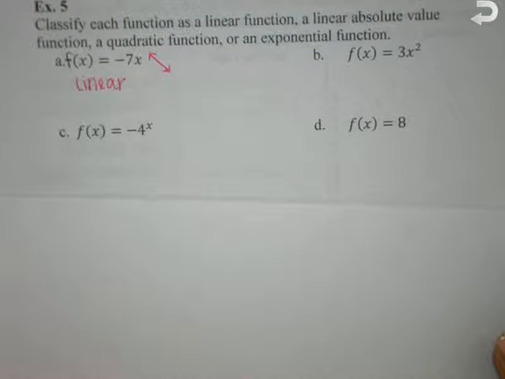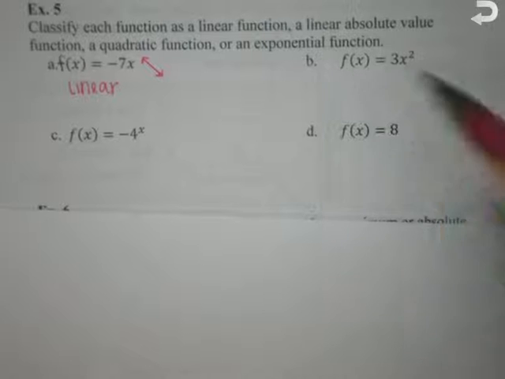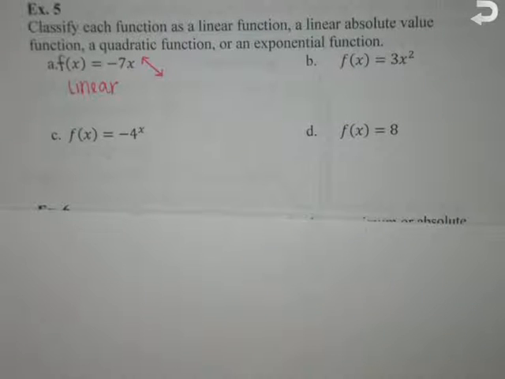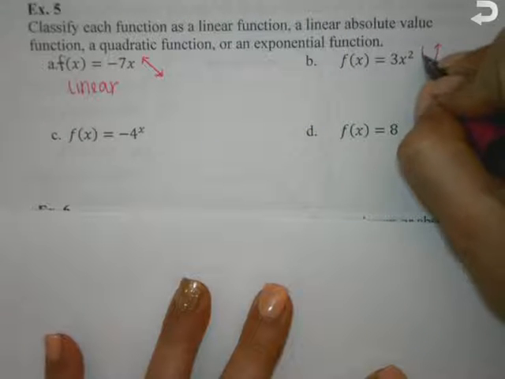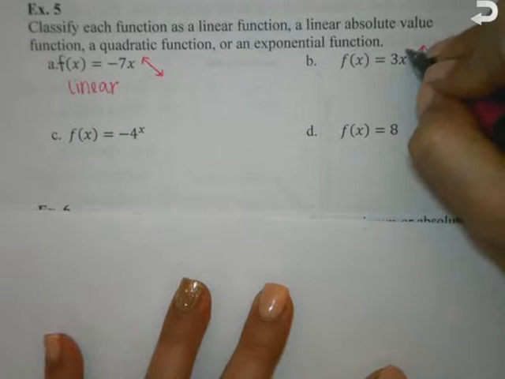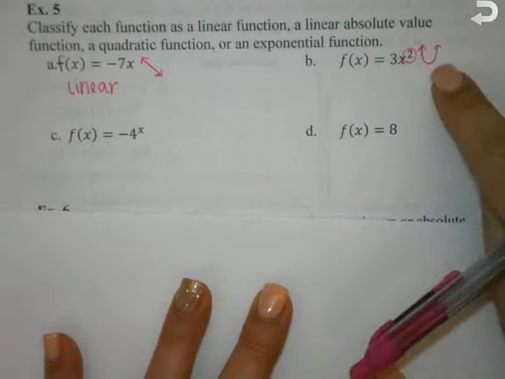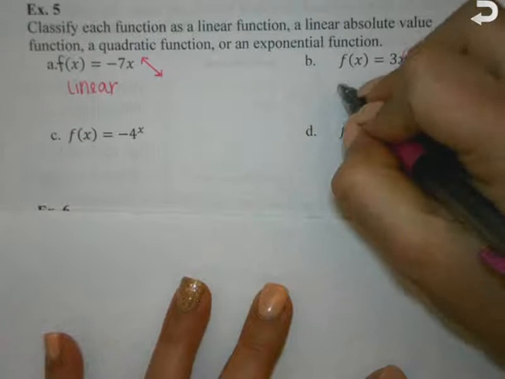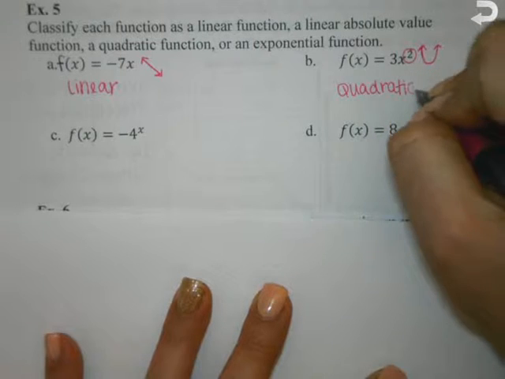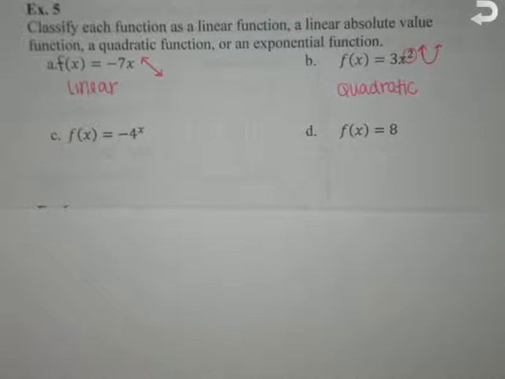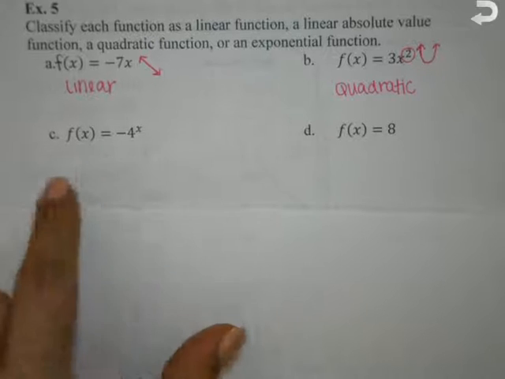Okay, f of x equals 3x squared. What type is this? That is a quadratic, because anything to a second power is a quadratic. It looks like the U, it's a parabola. So that is called a quadratic. What about f of x equals negative 4 to the x?